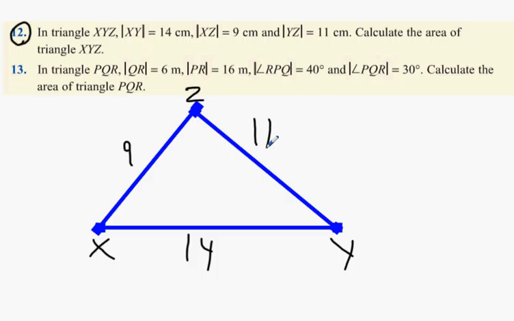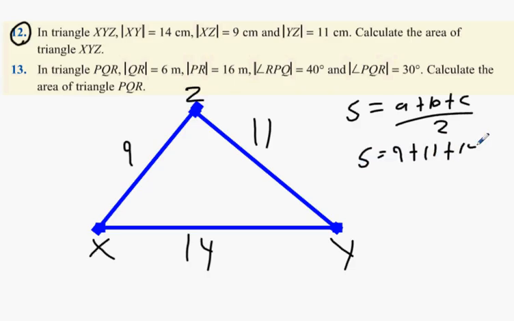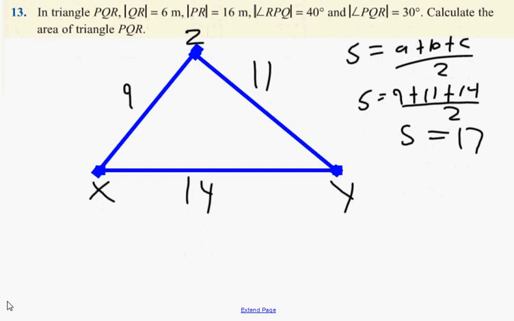Okay, so you're going to do A plus B plus C all over 2. And you got 9 plus 11 plus 14 all over 2. Should be 17 then. Okay, then you're going to write down your formula. You're going to label them. A is 9, B is 11, C is 14, or any other variation of that, any other combination.